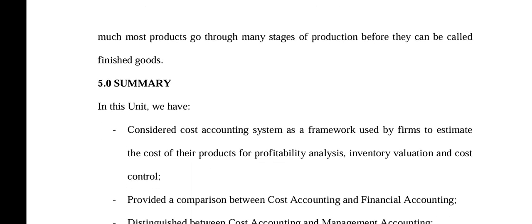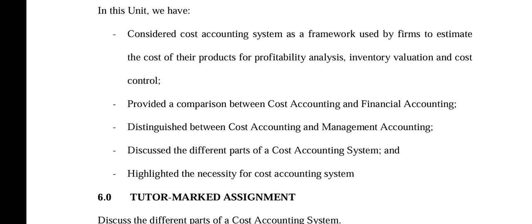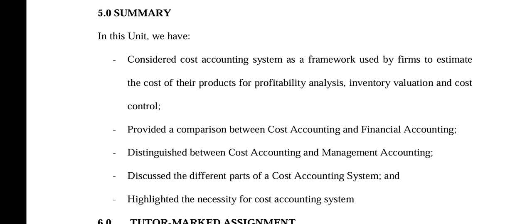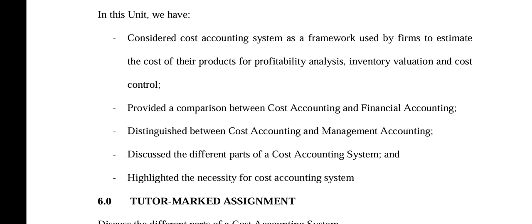Let's look at our summary. In our summary here, we consider cost accounting system as a framework that is used by firms to estimate the cost of their products for profitability analysis, inventory valuation, and cost control.